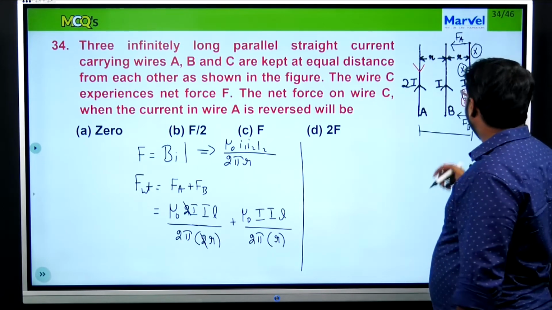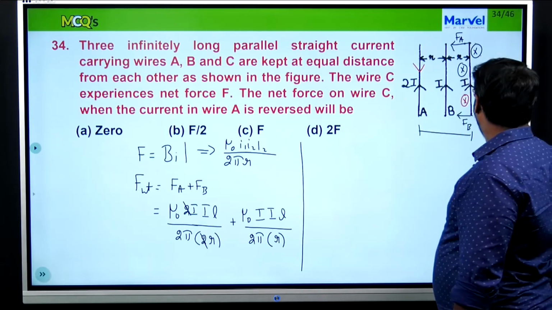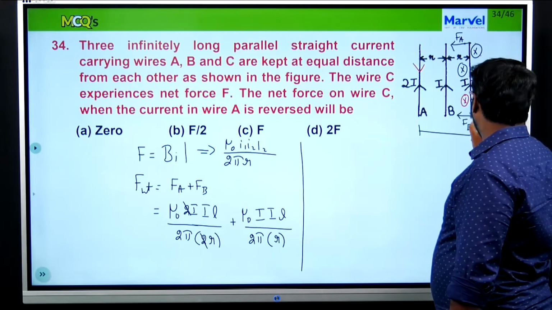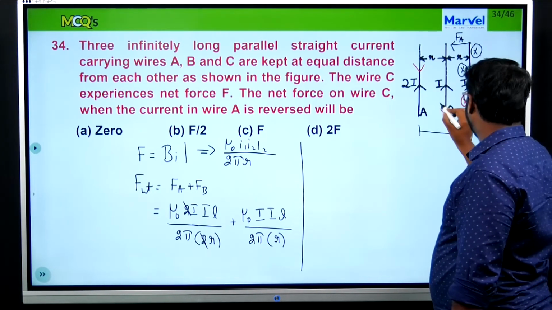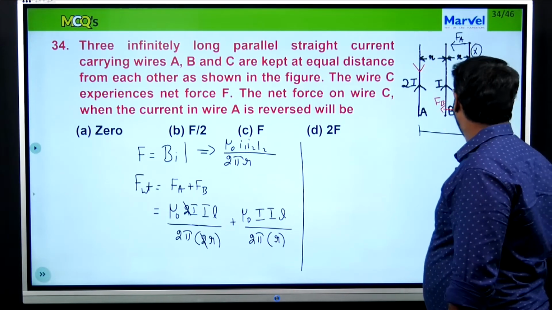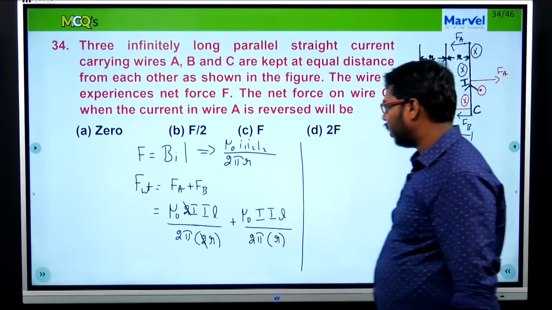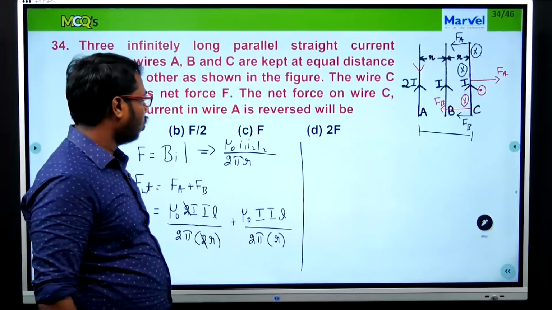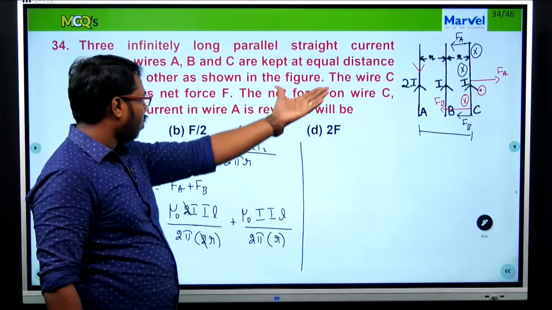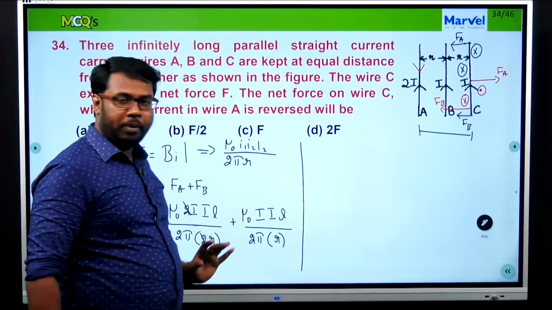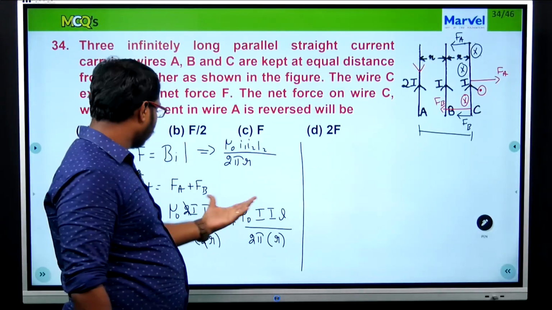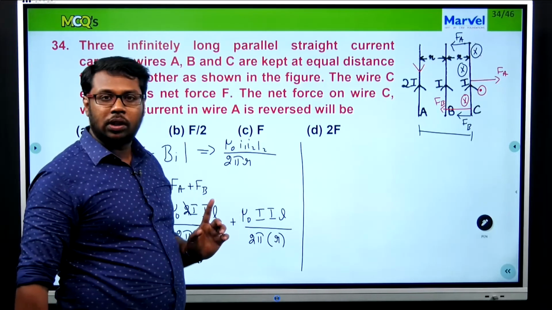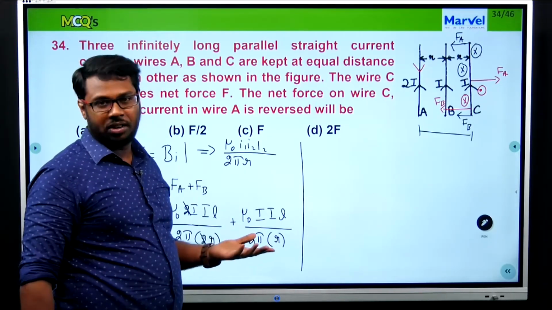So for A the force will point this side, for B the force will again point this side. This is FB, FA, and this is FB. These are the two forces, and the expression is going to be the same, but the direction of the forces acting on C are different.